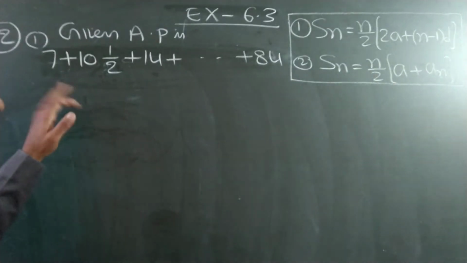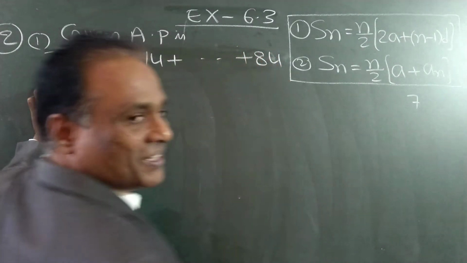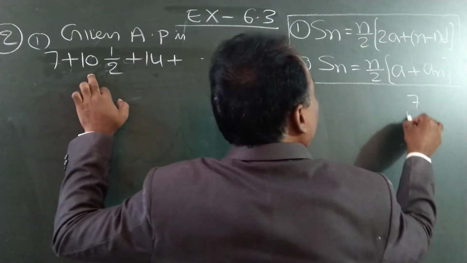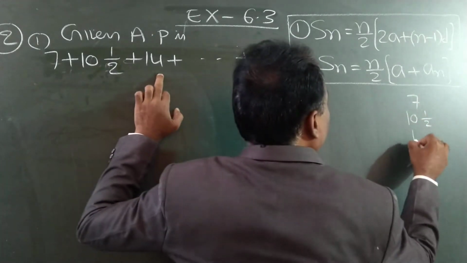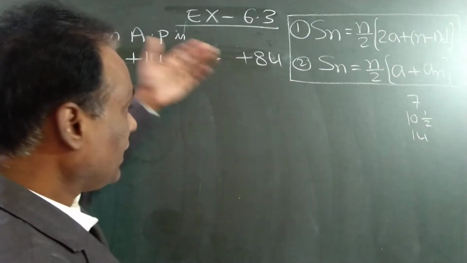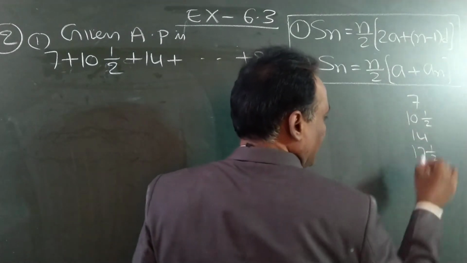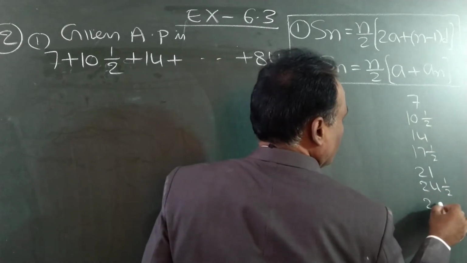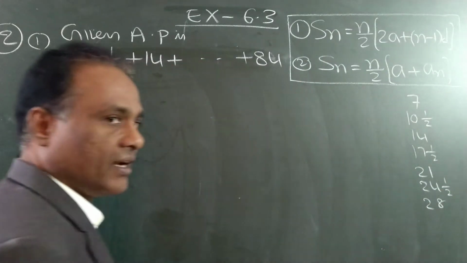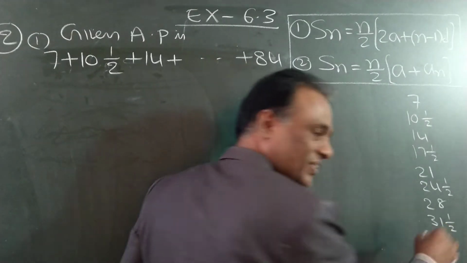See, I will explain. 7 is the first term. What is the next term? 10 and a half. Next term, 14. Next, 3 and a half difference, 17 and a half. Next, 21. 24 and a half, 28, 3 and a half, 31 and a half. Like this it will continue.